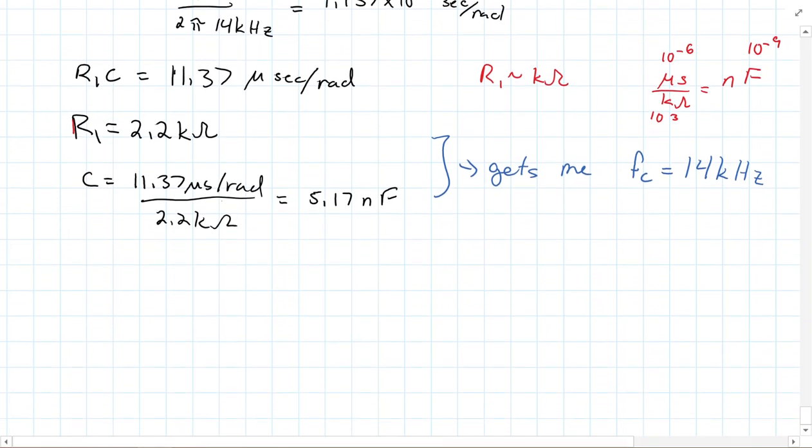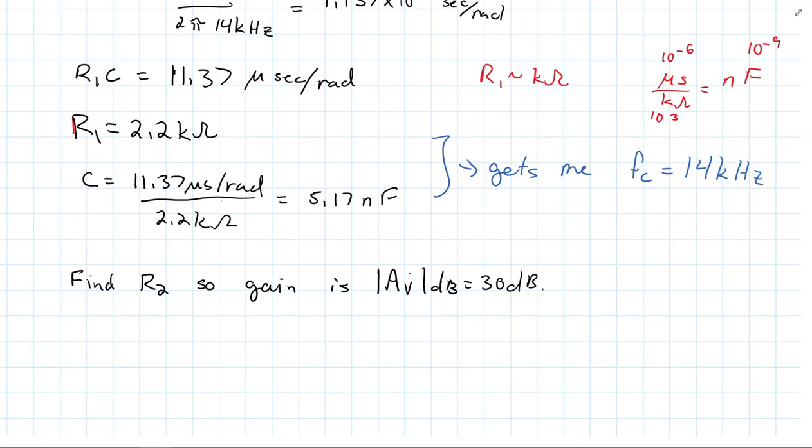Now, the last thing I need to find is R2. The gain was specified in decibels, so we need to convert this back to my normal gain, because remember my gain formula here is minus R2 over R1.